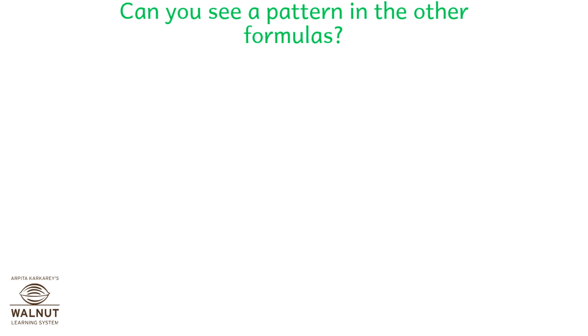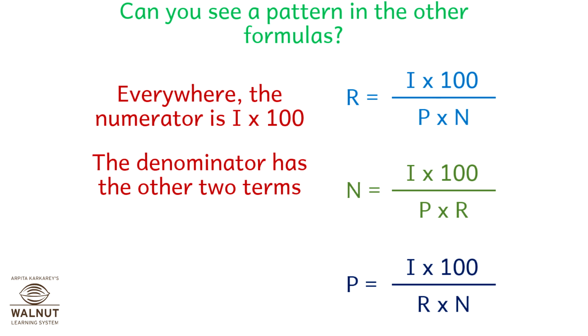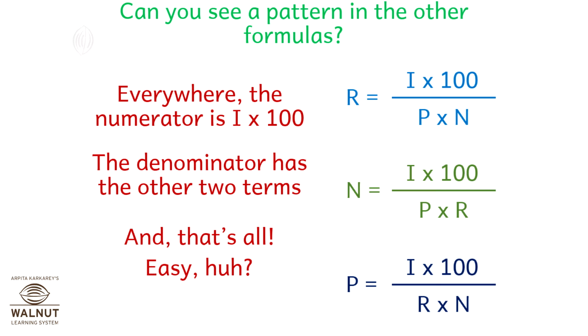Can you see a pattern in the other formulas? Let's see. Everywhere the numerator is I into 100. The denominator has the other 2 terms. And that's all. Easy, isn't it?